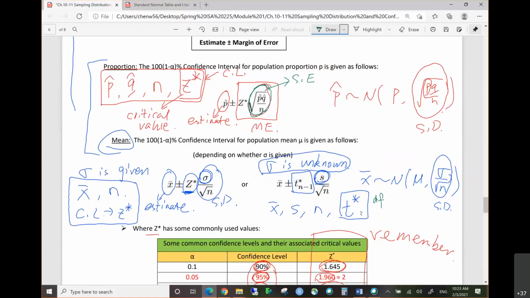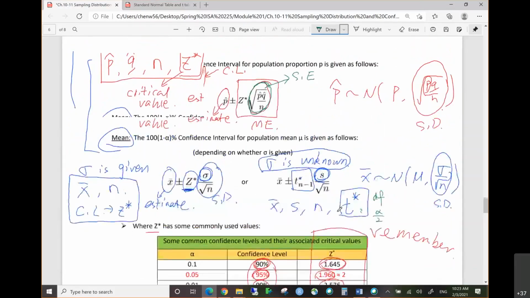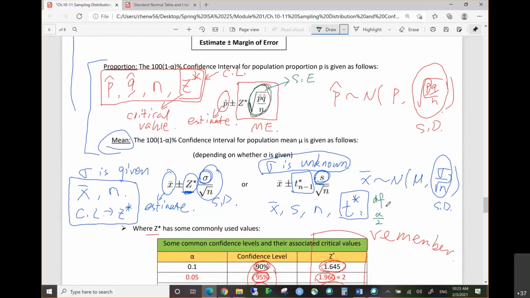The other one is alpha over 2. You need to use both of this information and go to the t table to find this t star, not just three values like z star. For t star, you have a t table because the degree of freedom equals n minus 1. That means it depends on your sample size. Whatever your sample size is, your degree of freedom will be your sample size minus 1.